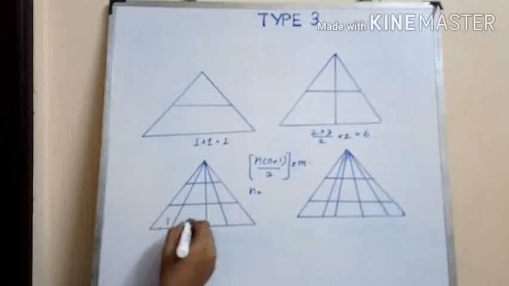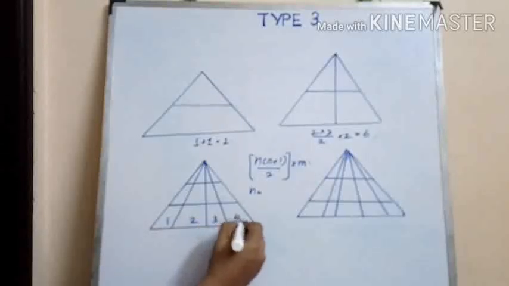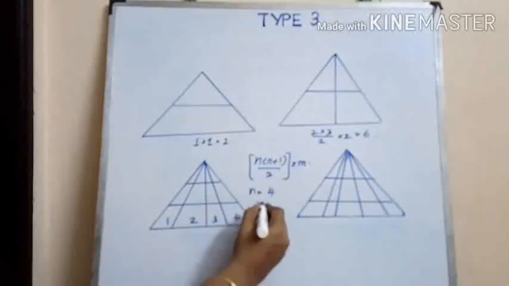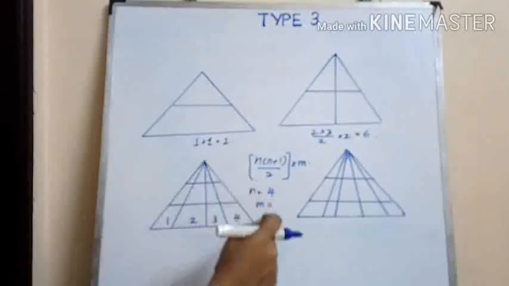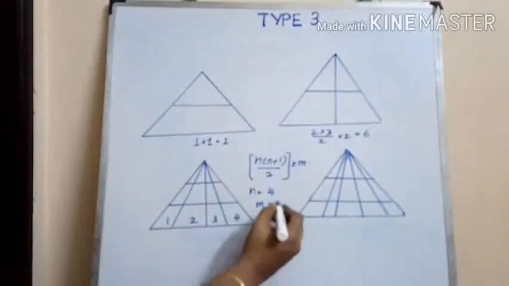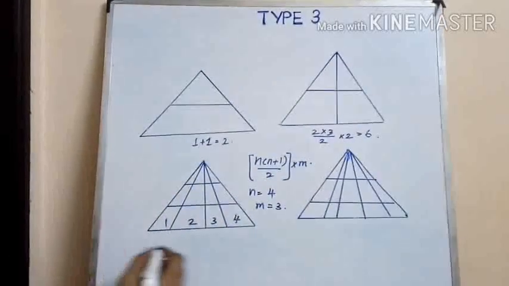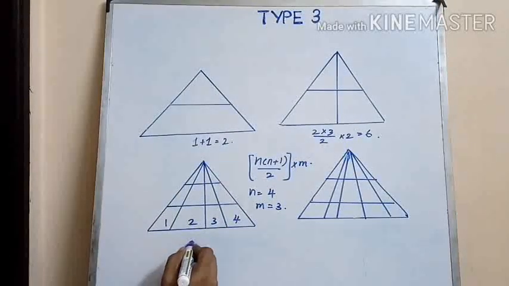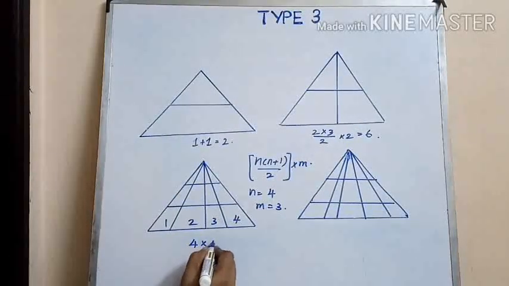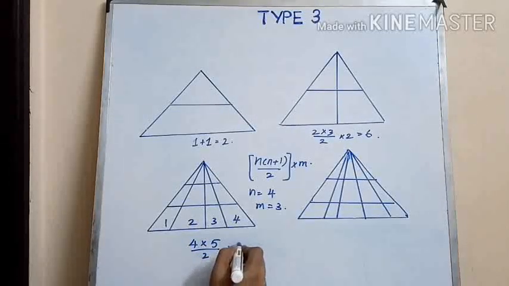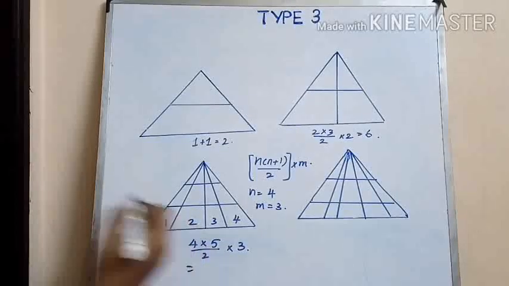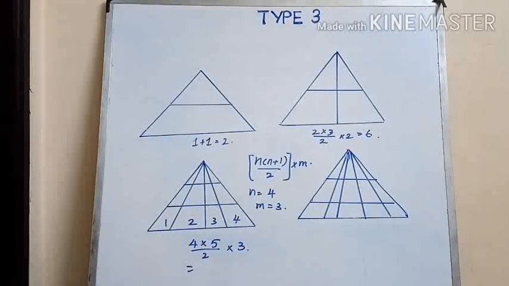In the third diagram we have 4 vertical parts, so n is equal to 4 and 3 horizontal parts, so m is equal to 3. So using this formula we can calculate the number of triangles in this diagram as 13.